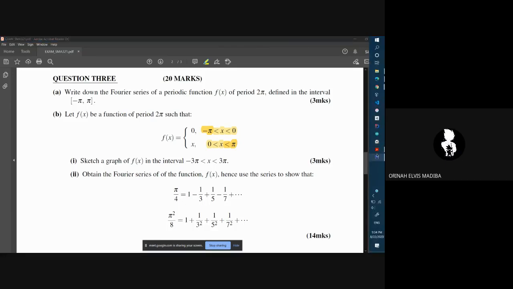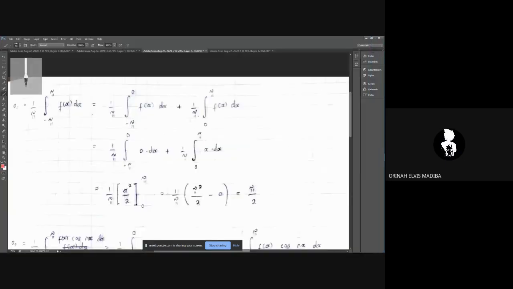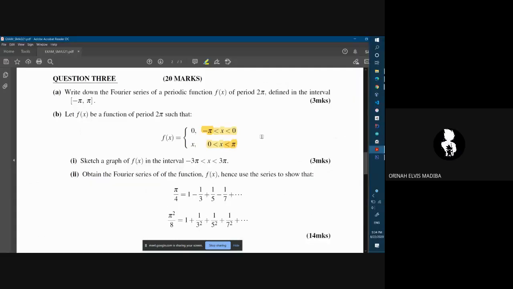We break down our function f(x) into 2 parts: 1 over pi from -pi to 0 of f(x) dx, plus 1 over pi from 0 to pi of f(x) dx. And then we replace our values from the question, which are 0 and x: for -pi to 0 it's 0, and for 0 to pi, x.